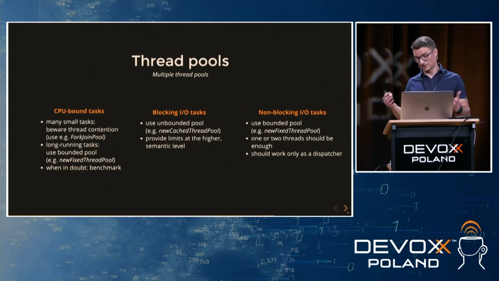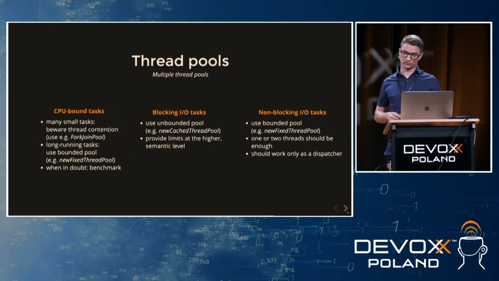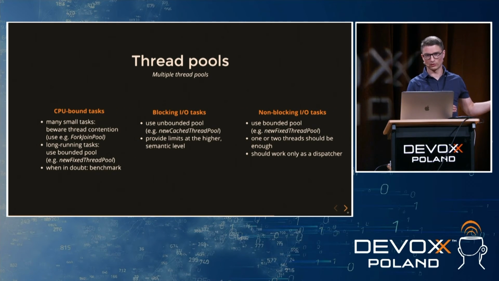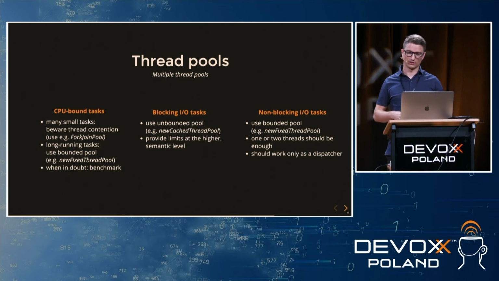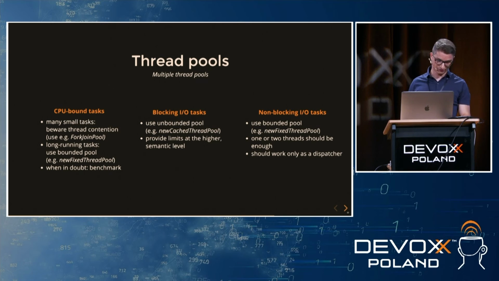But if you have some strict performance requirements and you decide that you will go with the 3 pool-based solution, when it comes to CPU-bound operations, you have to answer 2 questions. The first question is, how many tasks will I have? If you will have hundreds of tasks running simultaneously on that thread pool, you have to be aware of the thread contention.